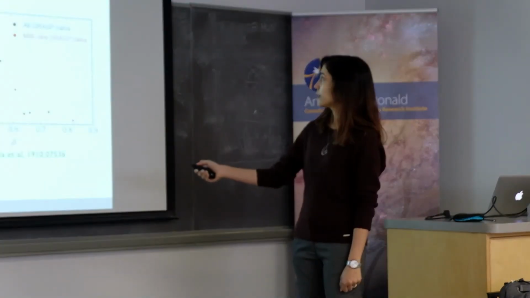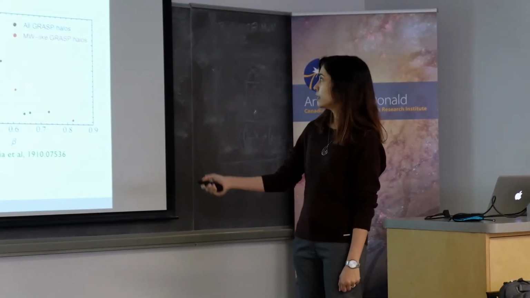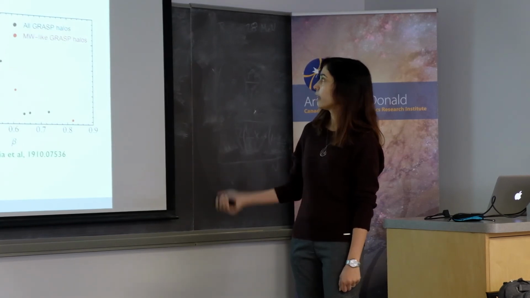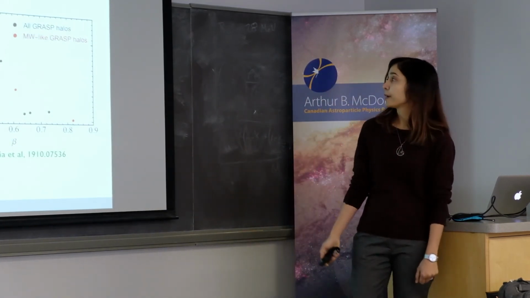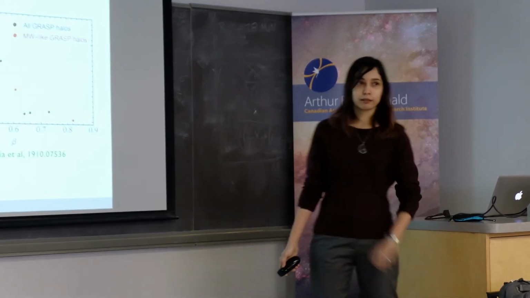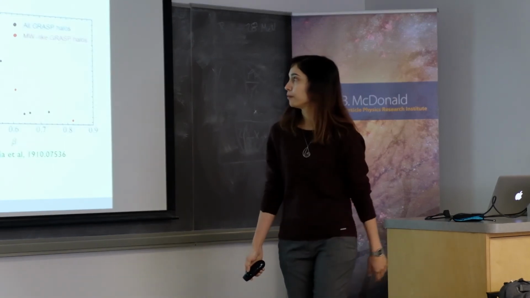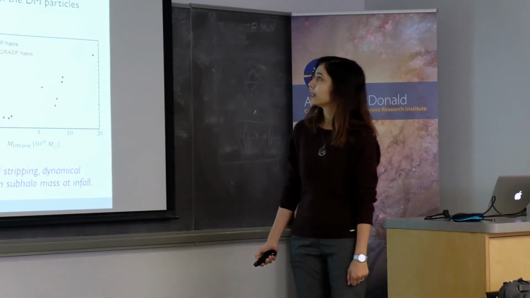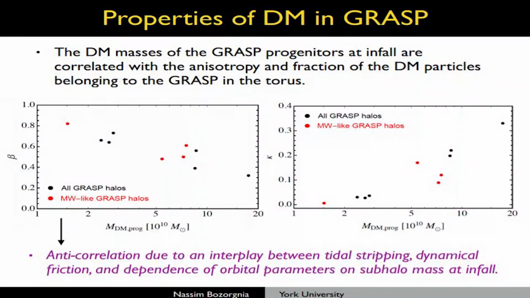So this is all of the sausage-like halos here, and the red are the 4 Milky Way-like halos with the sausage. And the reason for this anti-correlation can be quite complicated to understand. There are still some ongoing studies that we're trying to understand it, but this comes from 2 other correlations. One is that this beta parameter, or the anisotropy, is also correlated with the dark matter mass of the sausage progenitors at infall. And also this fraction is correlated with this dark matter mass.